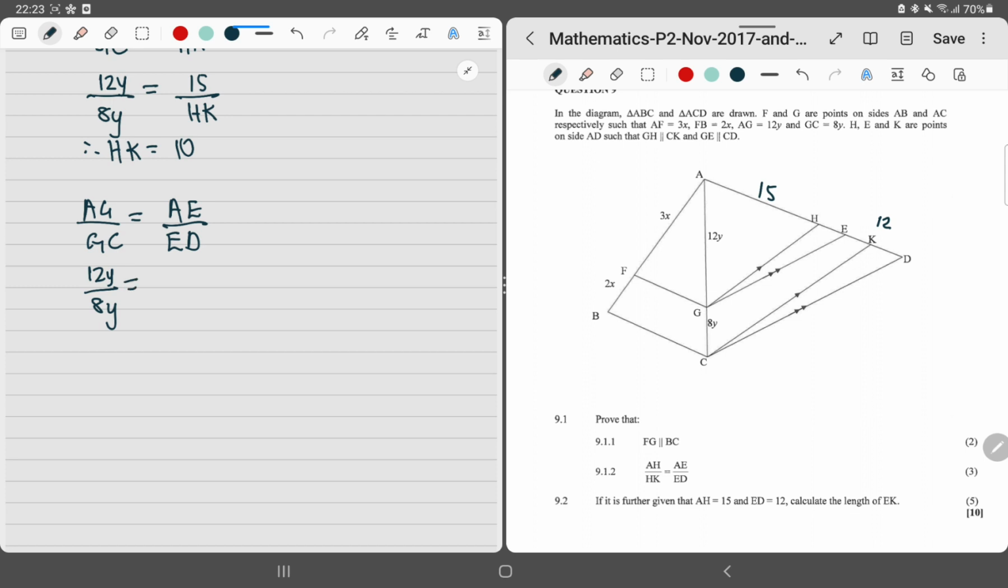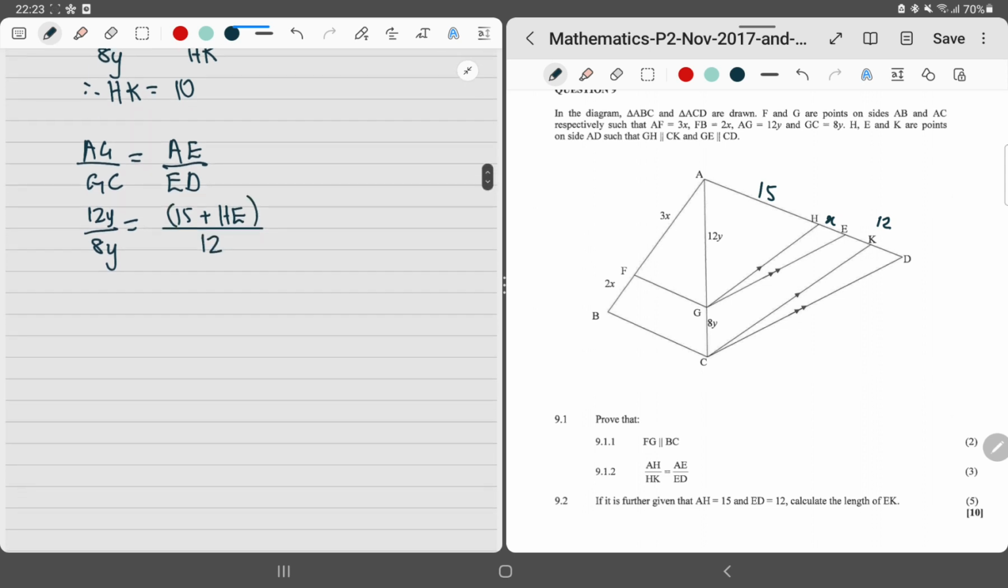And for AE, this is 15 plus HE, all over ED, which is 12.